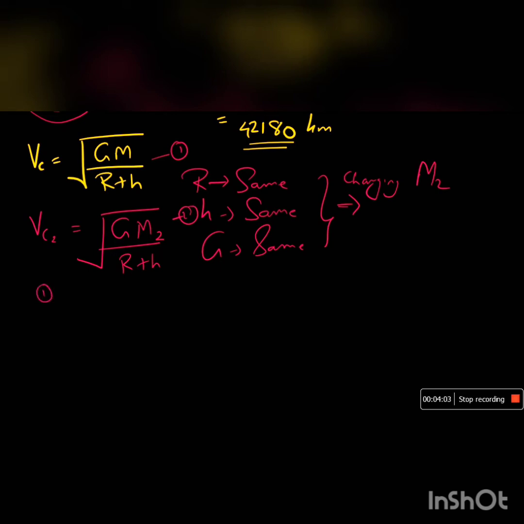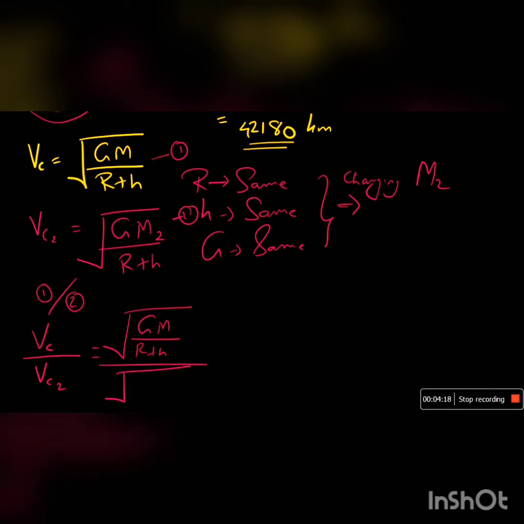Okay, so suppose we have this equation 1 and equation 2. If we divide equation 1 by equation 2, what we get is critical velocity in case 1 upon critical velocity in case 2 equals square root of GM upon r plus h over square root of GM2 upon r plus h.